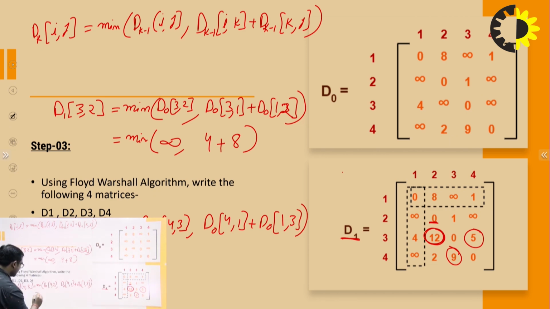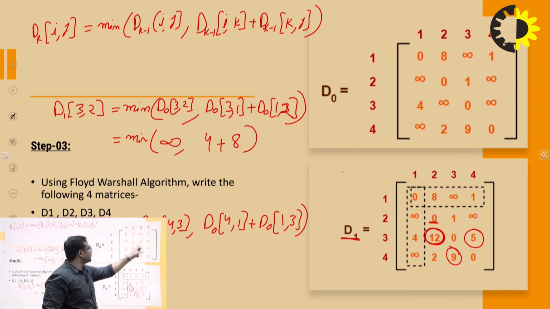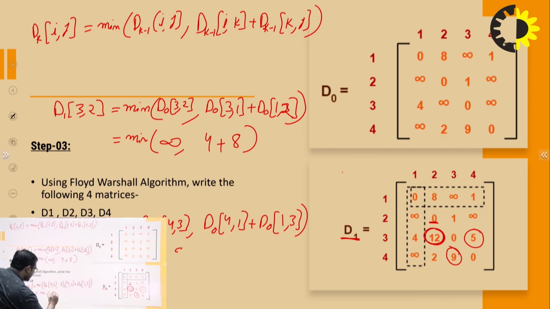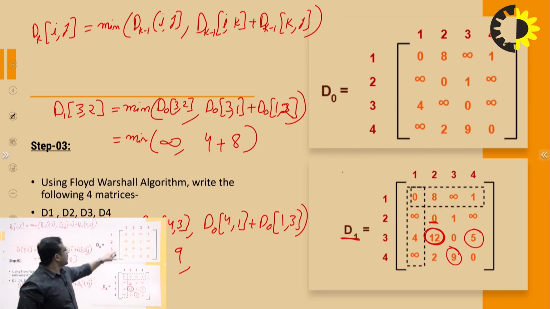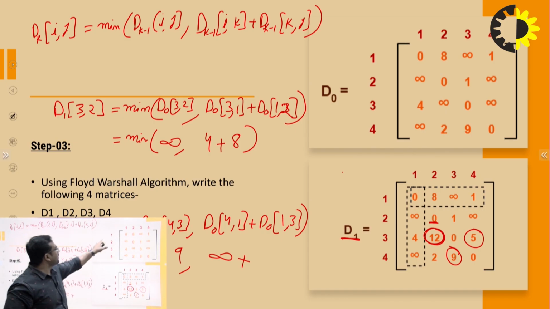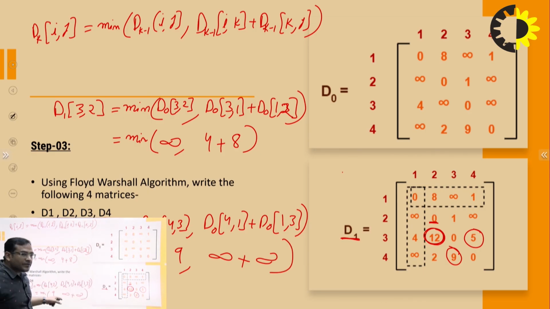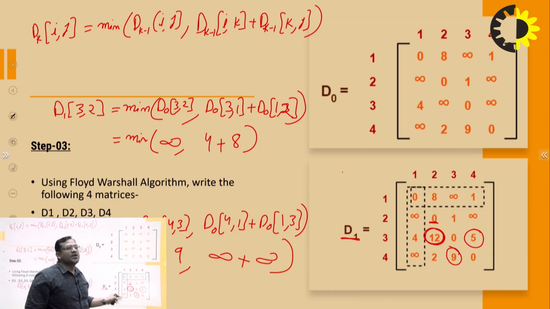That is minimum of D0 4 3, which is 9, comma, D0 4 1, which is infinity, plus D0 1 3, infinity. So which one is minimum? Infinity plus infinity is infinity, so either infinity or 9. So we put 9 here. This is the way we get the updated matrix.